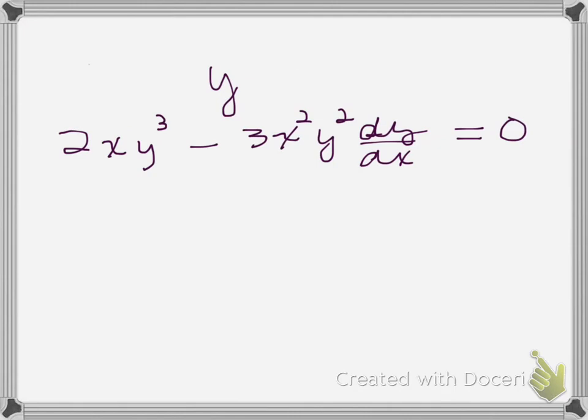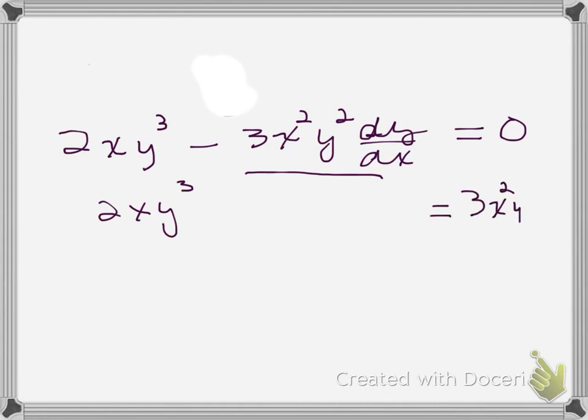Okay, so we'll get rid of this little guy here. Okay, so what comes next? I'm going to move this term over to the left. So I'm going to get 2xy cubed equals 3x squared y squared dy/dx.